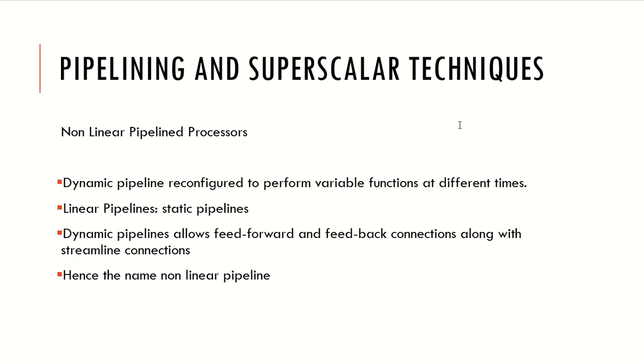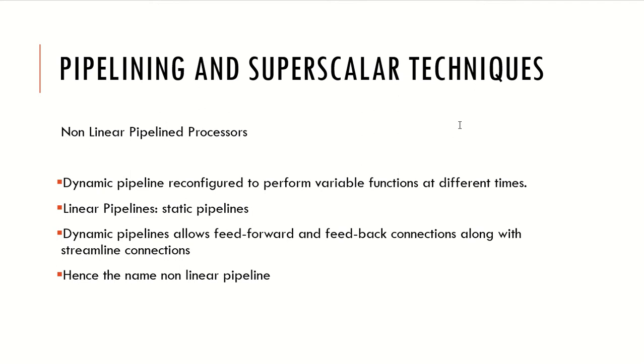The advantage of having such a pipeline is that you can have multiple functionalities happening inside the same infrastructure or the same pipeline. So you can use the same pipeline to cater for different types of need, unlike in the case of a linear pipeline processor.